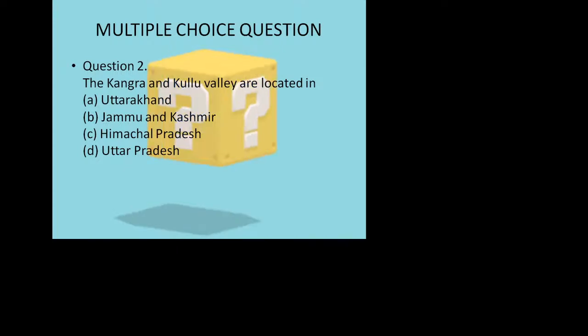Okay, the four options are Uttarakhand, Jammu and Kashmir, Himachal Pradesh and Uttar Pradesh. So we can simply knock out two options. One is Uttar Pradesh and one is Uttarakhand. So now two are left, Jammu and Kashmir and Himachal Pradesh. Out of this, you can remove Jammu and Kashmir. So the answer for this question is Himachal Pradesh.